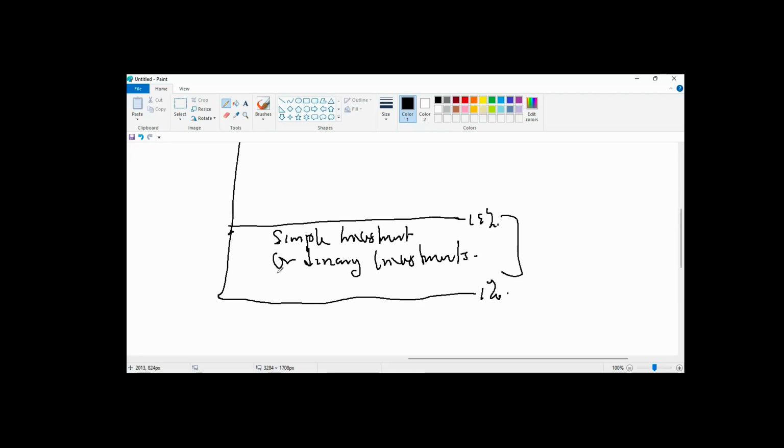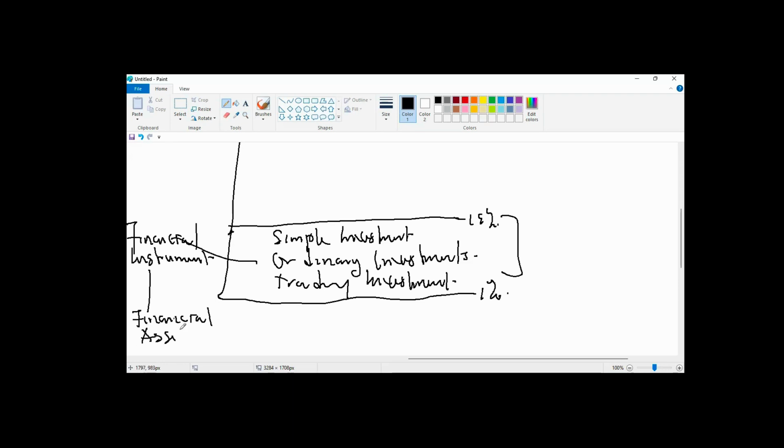They don't call it ordinary investments, they call it trading investments. All these investments are under financial instruments, under category financial assets, because when you are buying shares in any company, you have an asset.